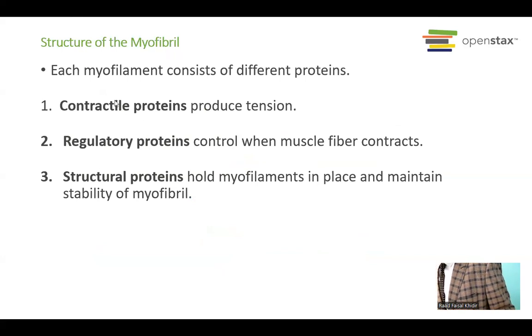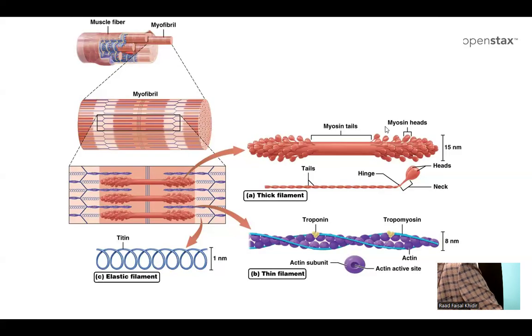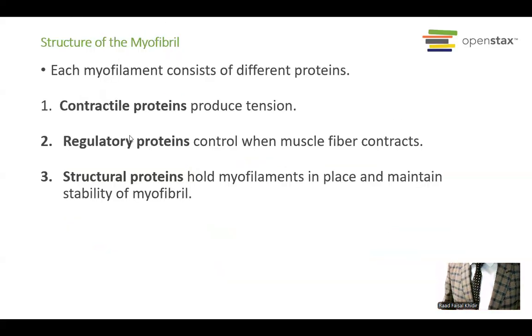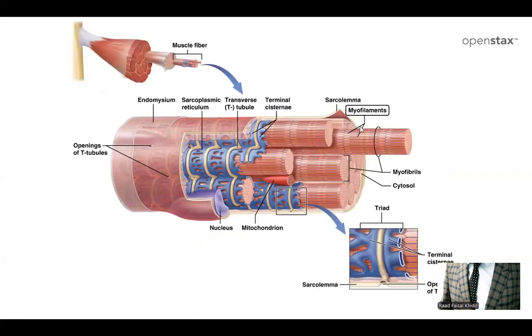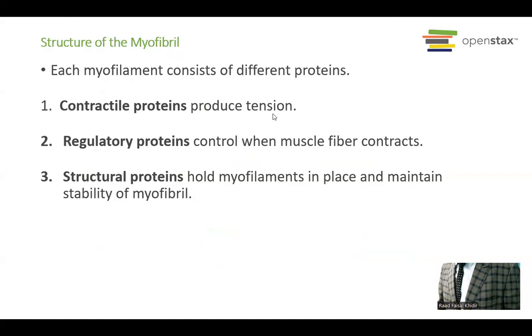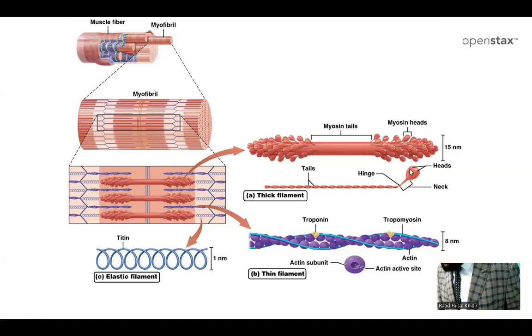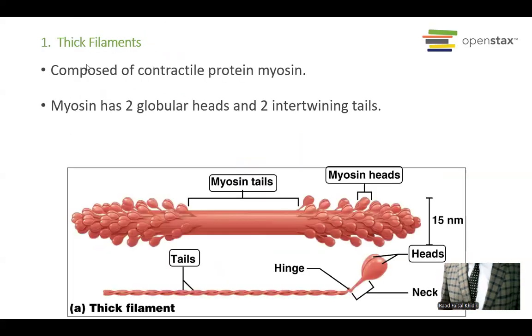So what are your two contractile proteins? Actin and myosin. These are the ones that contract. Remember, the golf head goes inside the hole to make the contraction. But troponin and tropomyosin are not contractile. They are regulatory. Excellent.